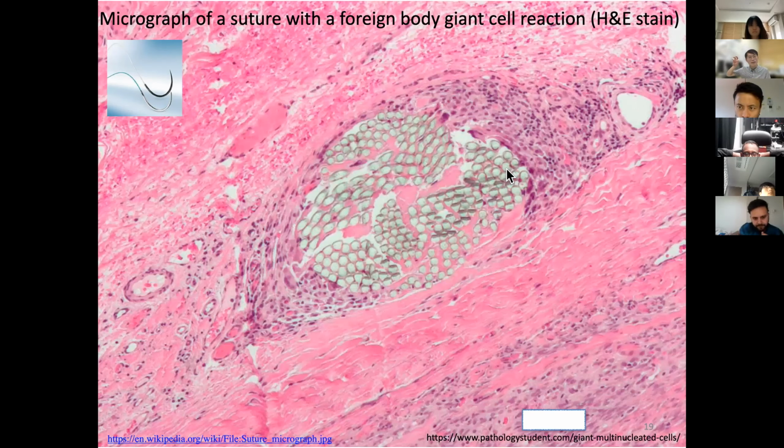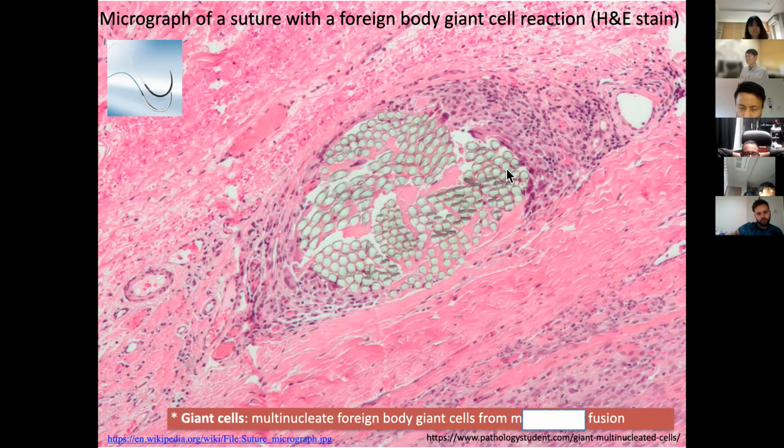You see in the central part, it is suture because it is composed of multiple threads. And you see this nice cross-sectional view over here. But what you want to focus on is surrounding this suture, the shapes of the cells and densities are different from the other part, which is the muscular layer.